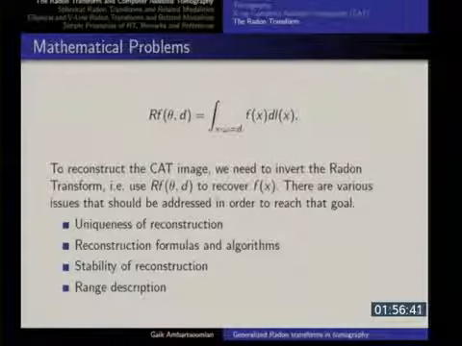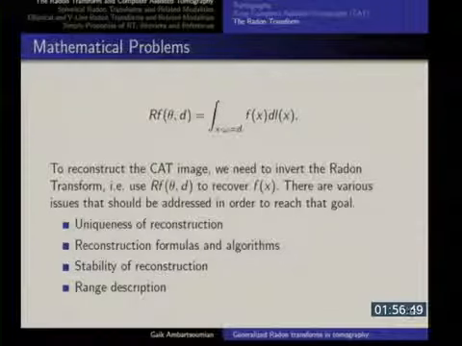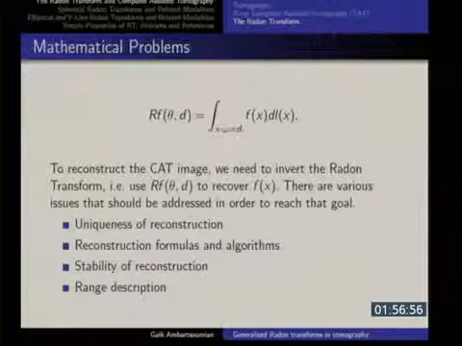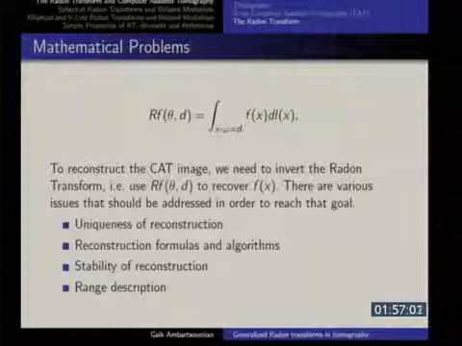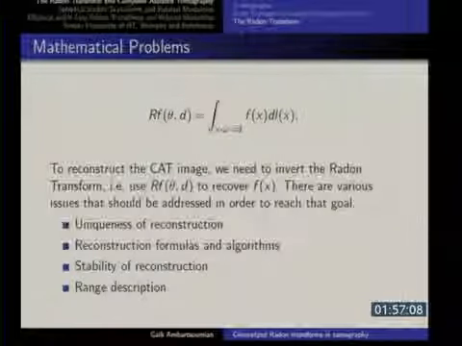In fact, there are obvious examples where you have 2, 3 different inversion formulas for the same type of Radon transform. They're different in spirit. They absolutely coincide on the range, and they're completely different if you get outside of the range. So knowing the range is very important. So these are all mathematical problems that one needs to tackle when talking about Radon type transforms.